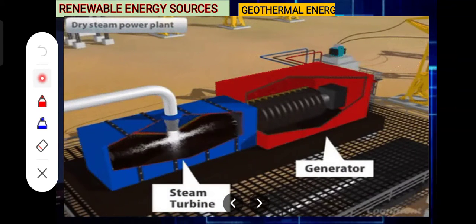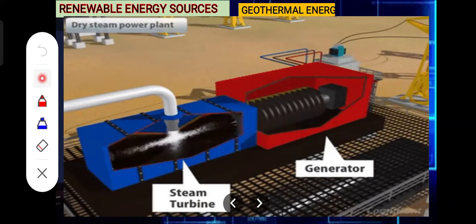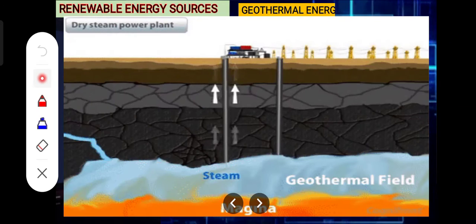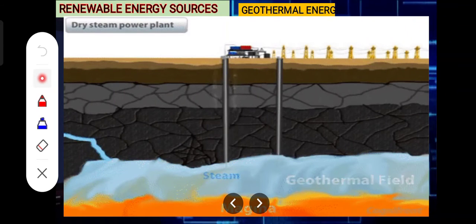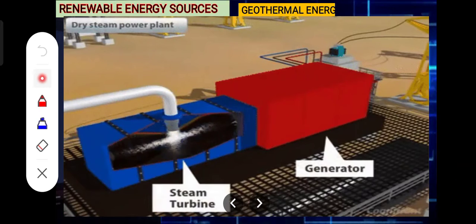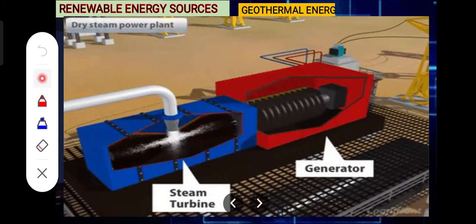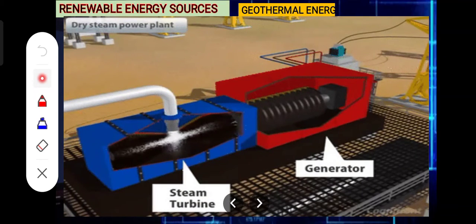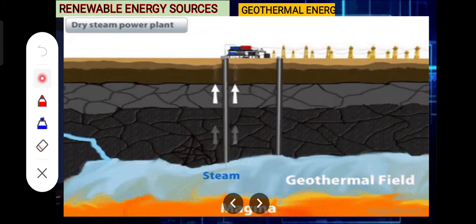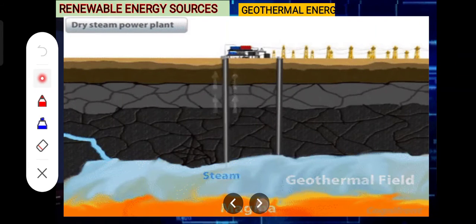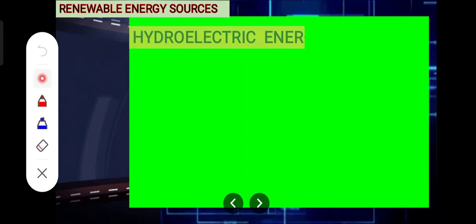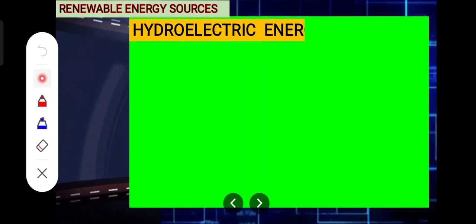Take note, the groundwater is heated by the internal heat of the earth. Then the groundwater will produce steam. The steam will move the turbine, and the turbine will move the generator.